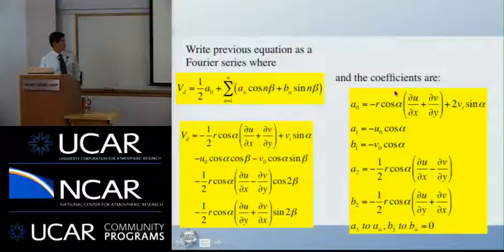A0 is basically the convergence-divergence term plus a vertical component projected into the radial direction. A1, B1 represent what we call the mean wind, U0 and V0. A2 and B2 represent the deformation field. Okay, so this is the essence of how we can use the VAD technique to recover some basic flow patterns in the atmosphere.